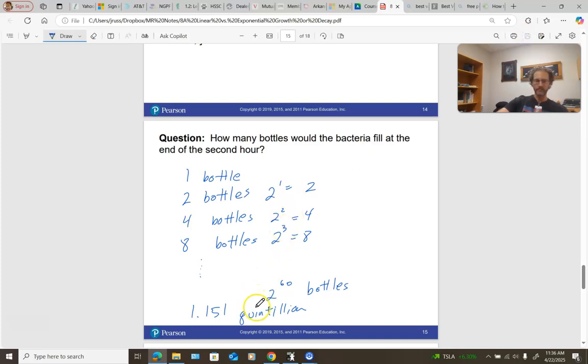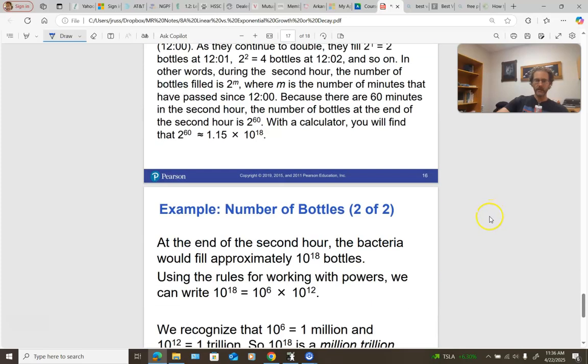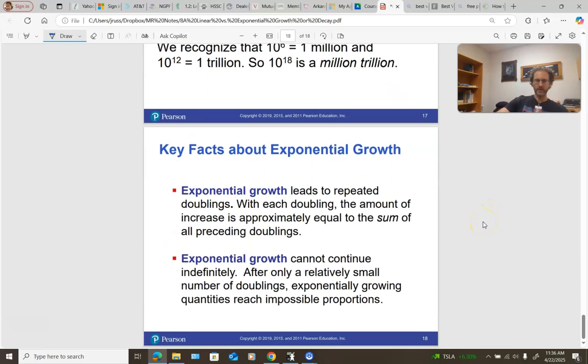But anyway, last thing I will just mention here, that exponential growth leads to repeated doublings. And with each doubling, the amount of increase is approximately equal to the sum of all preceding doublings. Exponential growth cannot continue indefinitely.